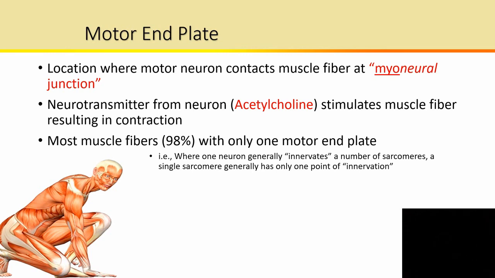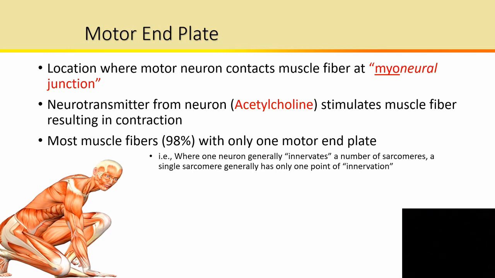Now, this is different from the motor unit itself. Motor unit relates to the number of sarcomeres that will be supplied by an individual nerve. However, about 98% of fibers only have one nerve fiber that will stimulate them.